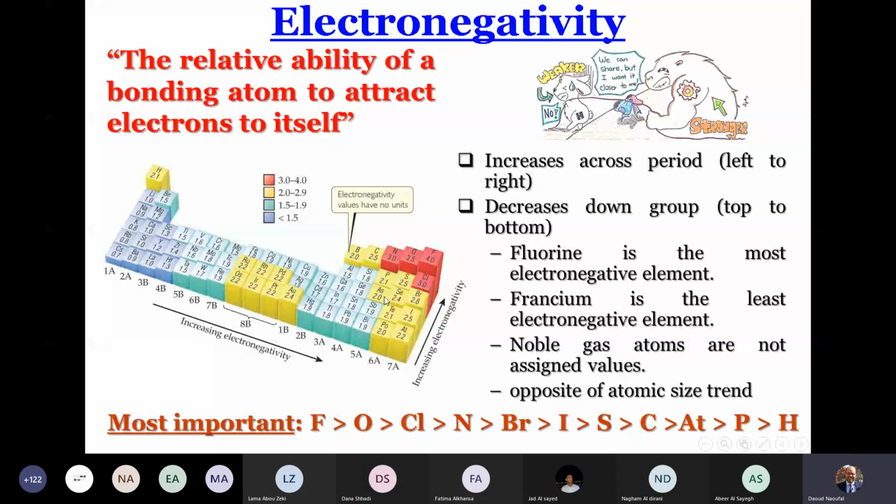In order to find the type of bond, we have to look at the difference of electronegativity between atoms A and B that constitute this bond.